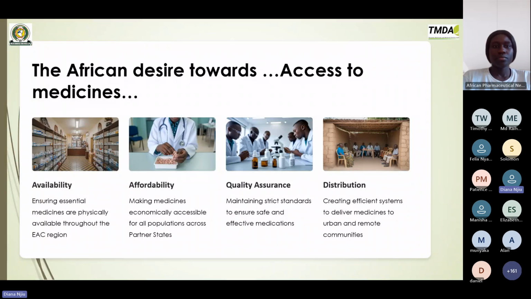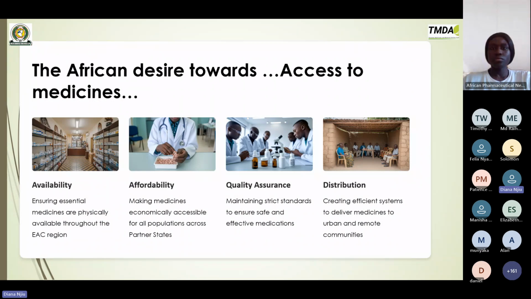This slide illustrates the key dimensions of medicine access across the EAC region and Africa as a whole. It highlights the importance of ensuring availability, affordability, quality, and distribution systems. When we talk about availability, we mean ensuring essential medicines are physically available throughout the EAC region, so each member has the opportunity to access quality products.